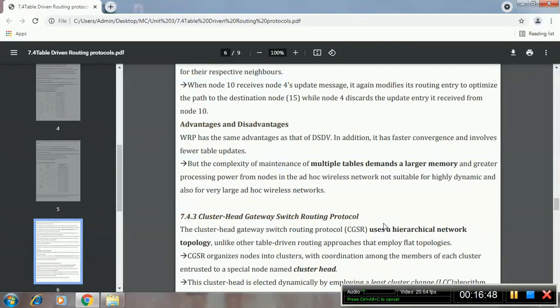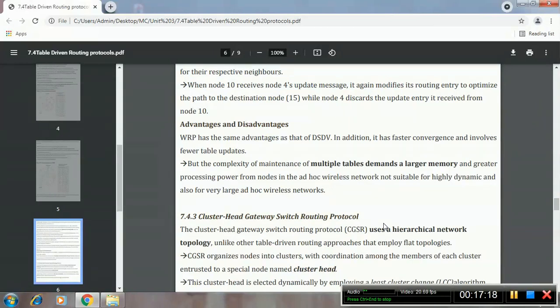But the complexity of maintaining multiple tables demands a large memory and greater processing power from nodes in the ad hoc wireless network. So it is somewhat difficult to maintain multiple tables, and a larger memory should be given to maintain them.